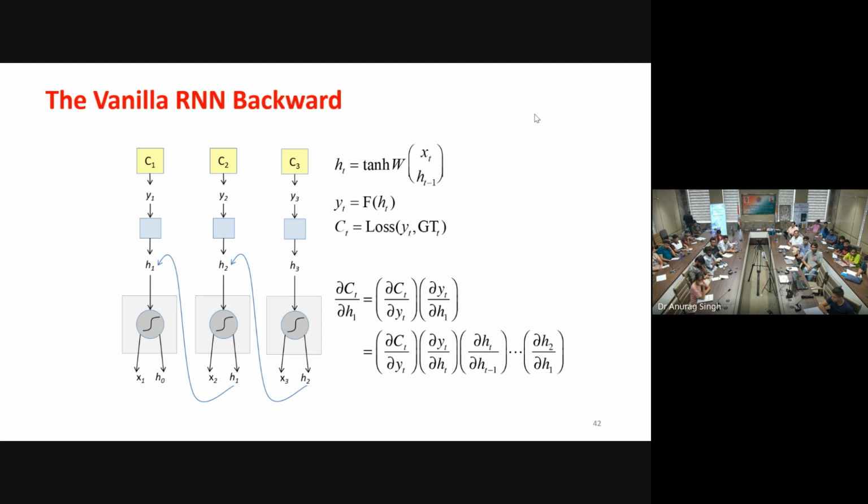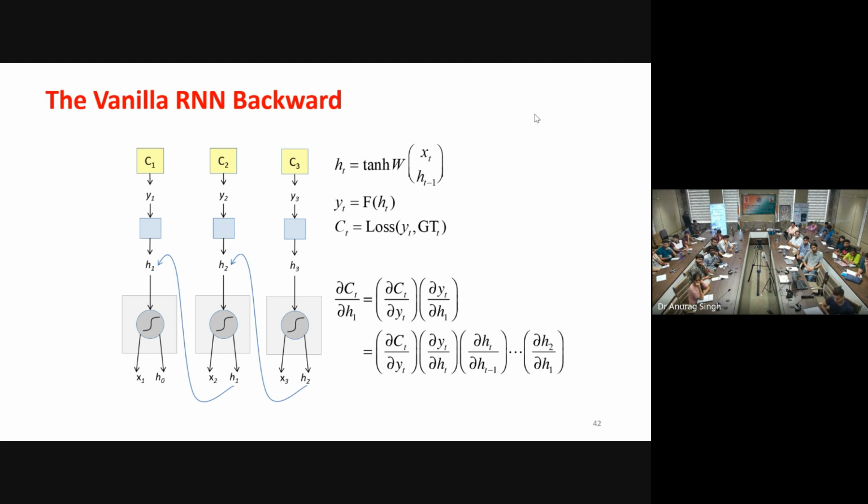So do you think that S3 will be a function of H2 and H1 both? Yes or no? So you find that if you want to compute del C3 by del H1, you have to compute this, yes or no?